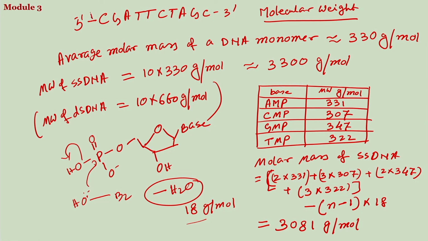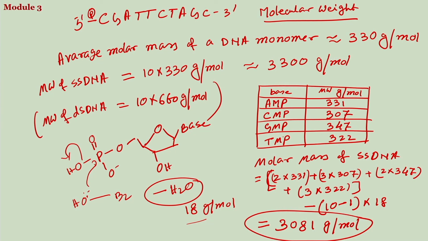So, here you have the phosphate. Here nothing is negative, 1, 2, 3, 4, 5, 6, 7, 8, 9. So, this should be 9 into 18. So, 10 minus 1, n minus 1, is 9 into 18. So, this should be your calculated molecular weight.